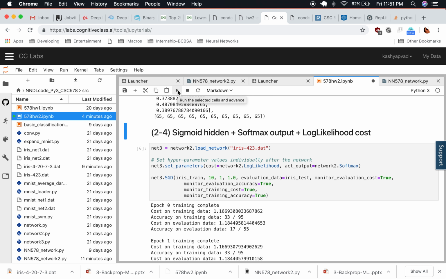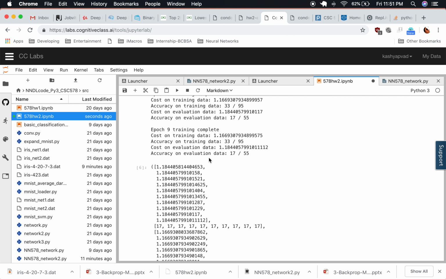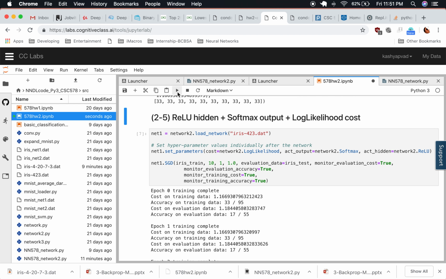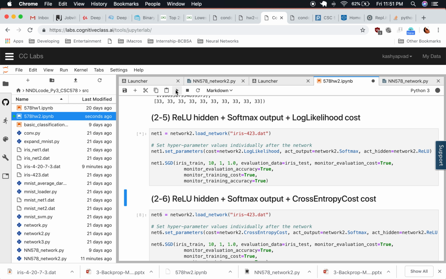And this is using sigmoid for hidden and softmax for the output layer. And this is using ReLU for the hidden layer and softmax for output with the log likelihood cost function.